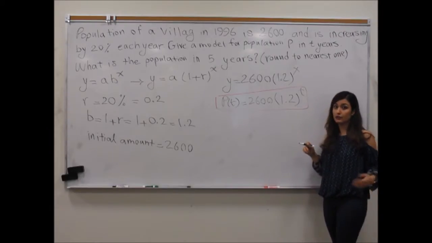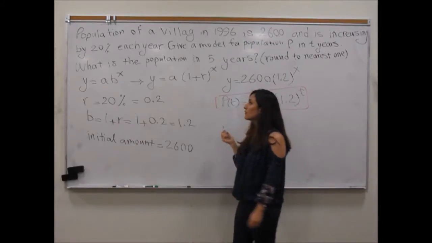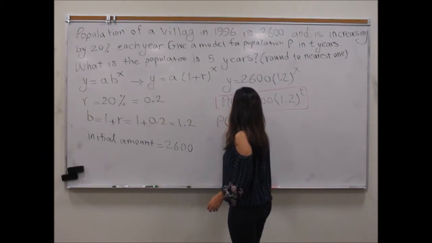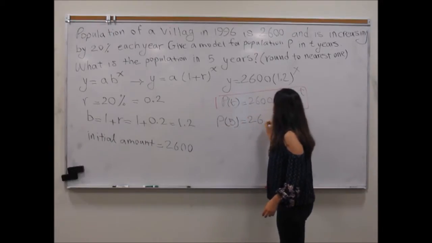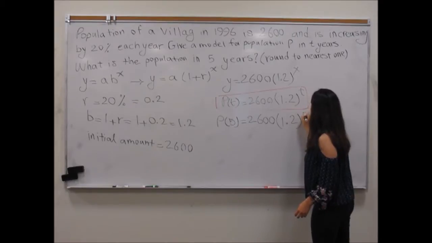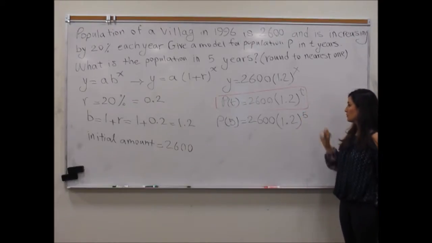So this is for the first part, and then for the second part, it says what is the population after 5 years? So all I have to do is just plug in the 5. So the population after 5 years is 2,600 times 1.2 to the 5th power.